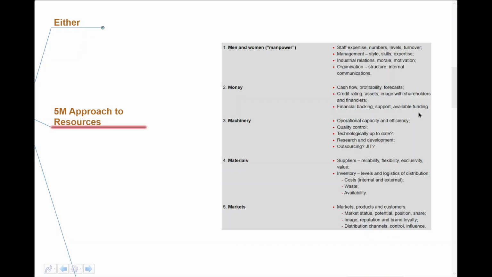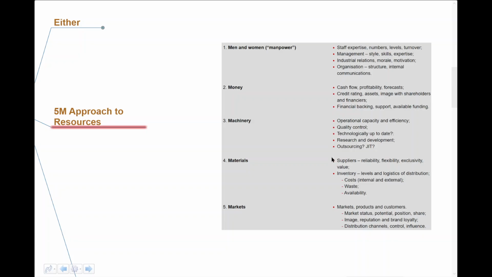Linked into that, given our relationship or image with shareholders, what is the available funding? Is funding available or is it not? Because if it's not available, that's a problem. Next area of the M's is machinery. If we're a manufacturing company, we'd be looking at operational capacity.